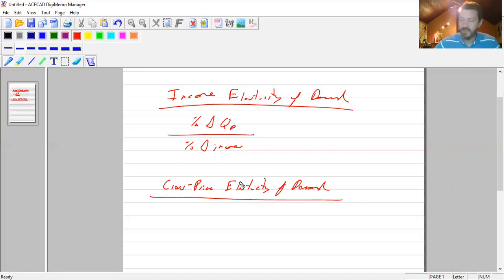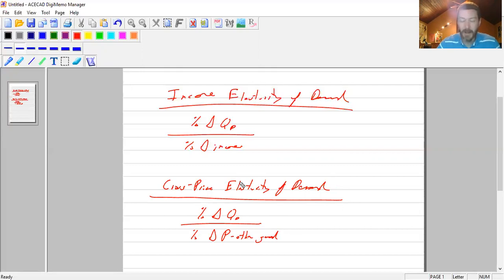Another one is the cross price elasticity of demand. Here, what we're talking about is the percent change in quantity demanded. Same idea, we're still looking at how responsive demand is for a particular product, but now we're looking at the percent change in price of another good.